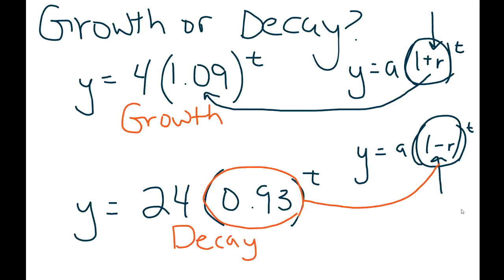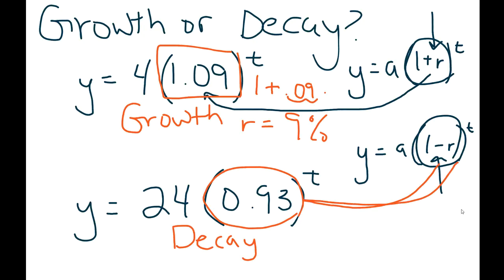And they also might tell you to find what R would be. If you're looking at this, in order to get 1.09, it would be 1 plus 0.09. So the rate had to have been 9%. Because remember, when you move the decimal point back, it would go back to 9.